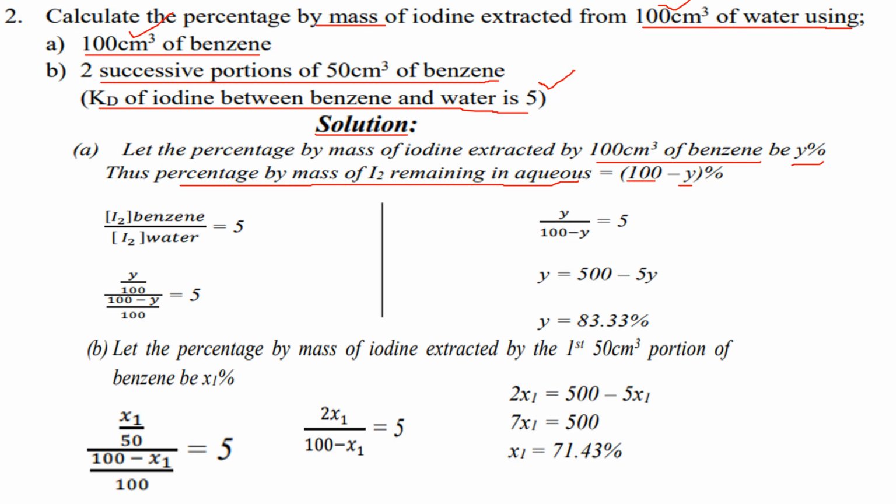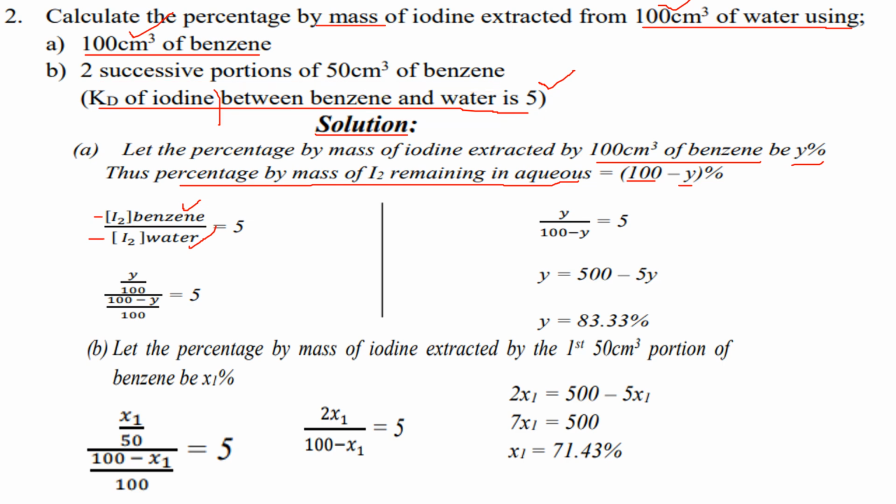So repeat the same procedure as I've been explaining. This arrangement of molar concentration of iodine in benzene to molar concentration of iodine in water is good from this statement, because they say Kd between, they brought benzene first and then water next. That's the arrangement you should also follow.